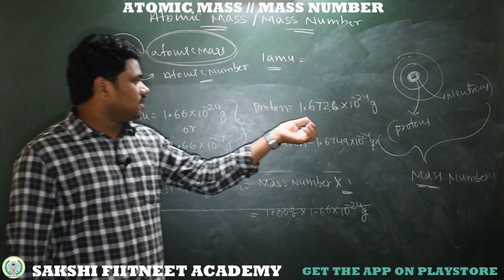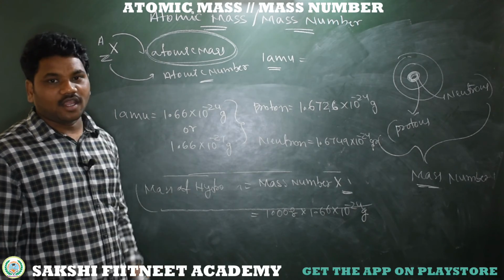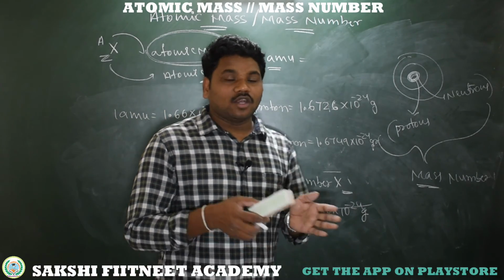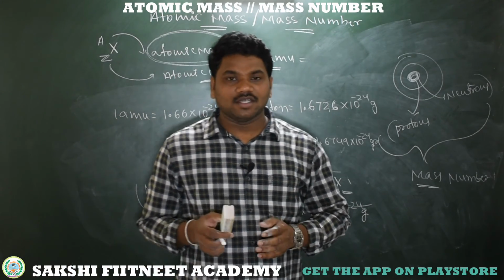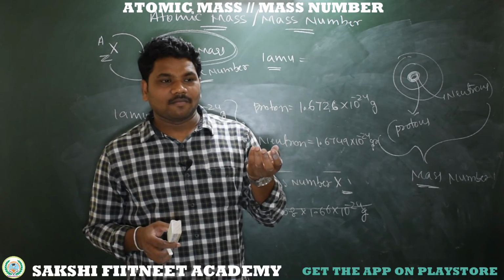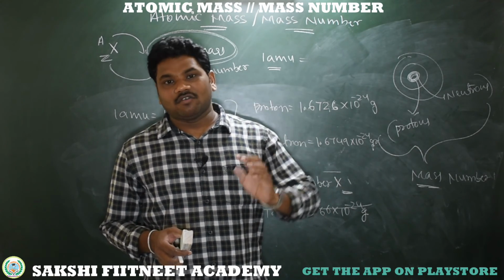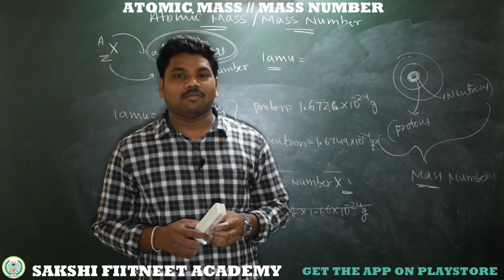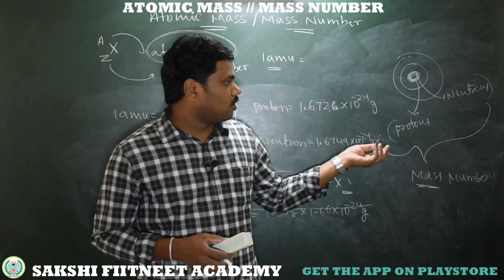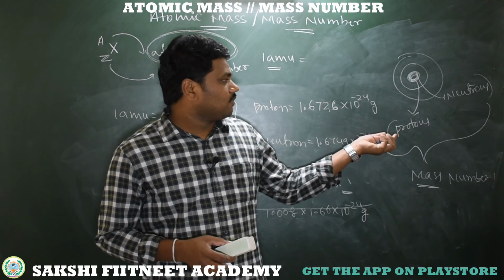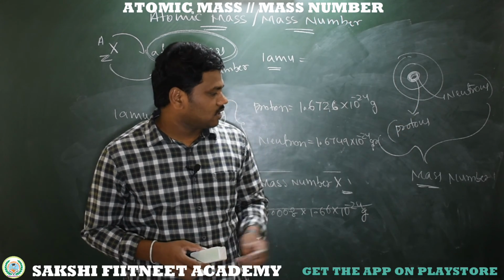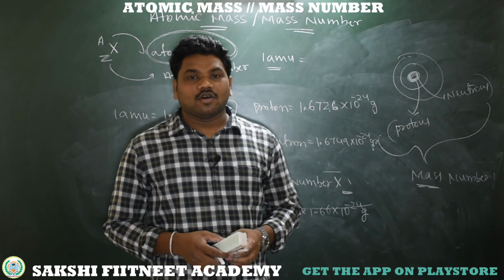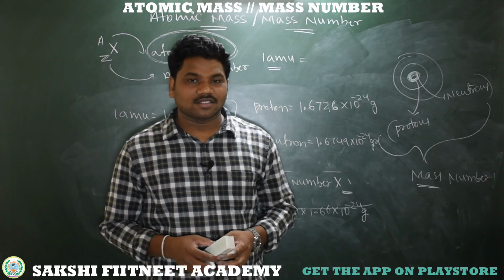That is approximately equal to 1 AMU, but to calculate the actual value, we must take the value when compared with the 1/12th part. So this is a common definition: the number of protons plus the number of neutrons present in the nucleus of an atom is called the mass number.